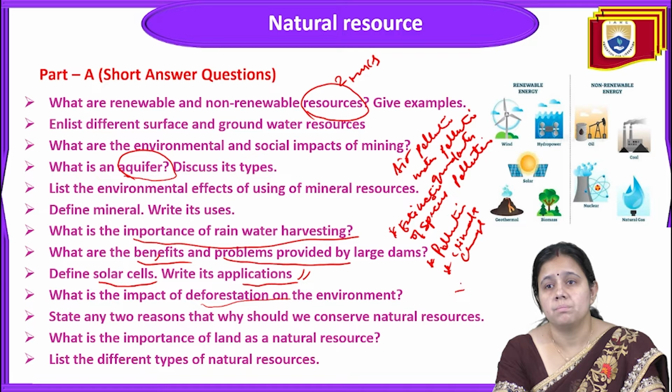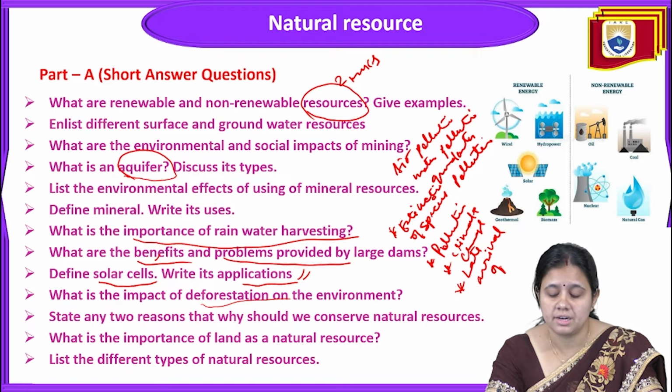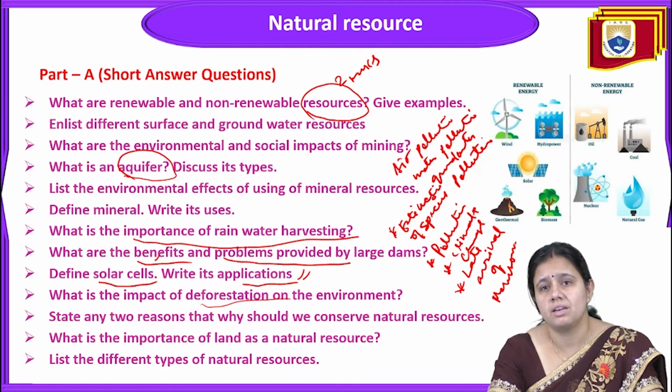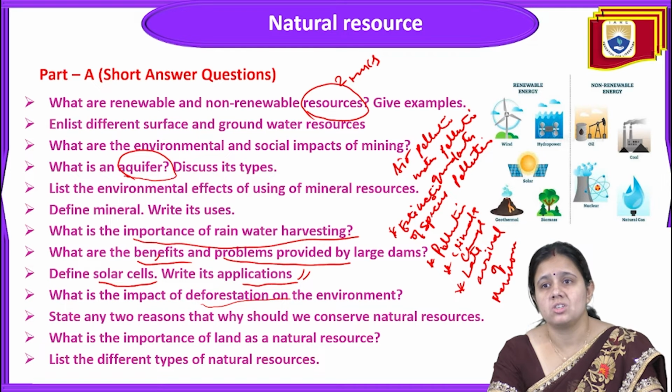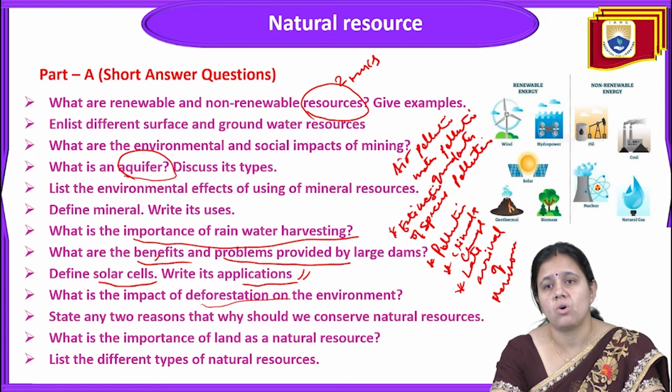Then late arrival of monsoon due to deforestation. Many drastic changes in the environment are related with deforestation: extinction of species, air pollution, climate change, late arrival of monsoon. Many things are there, and they will very much affect any weather or climate.